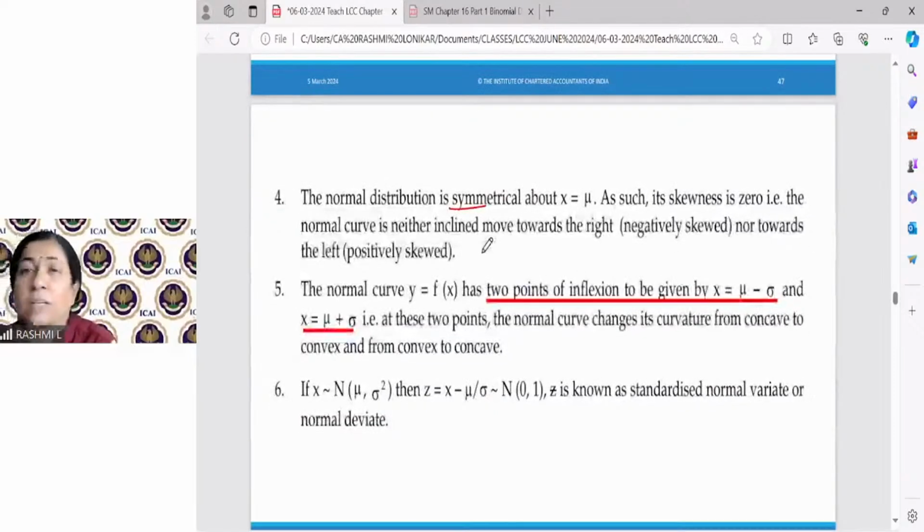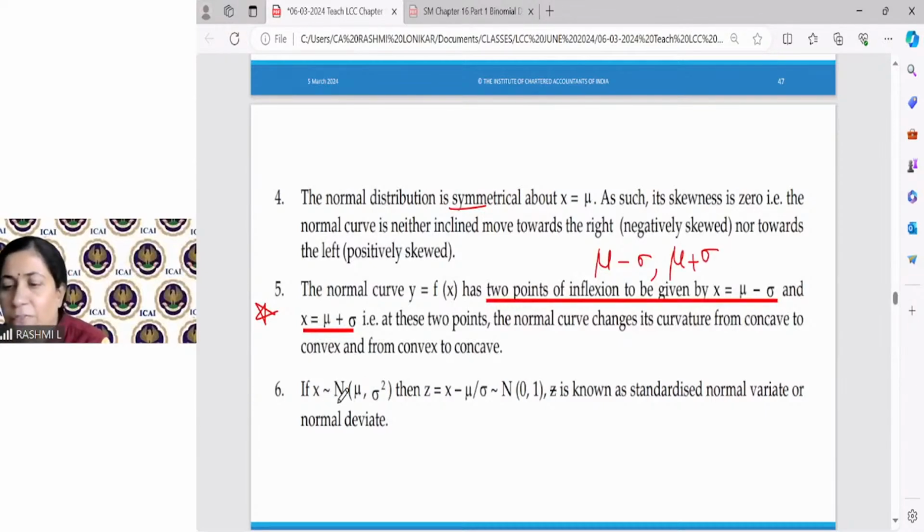Fourth point we are talking about is that the normal curve is symmetric about x is equal to mu. Then fifth point is it has 2 points of inflection. Again, this is important. What are those points of inflection? Mu minus sigma and mu plus sigma. Okay, this is important.